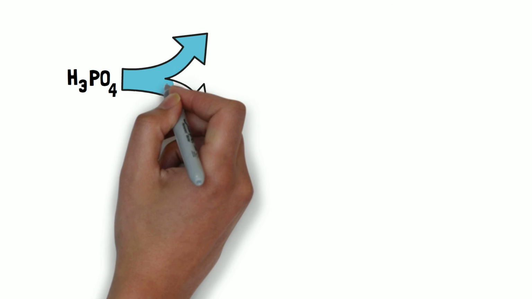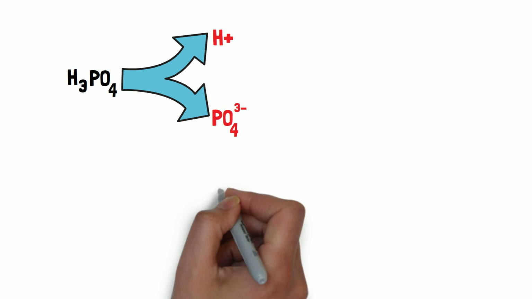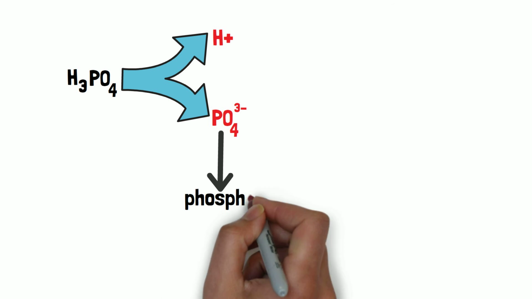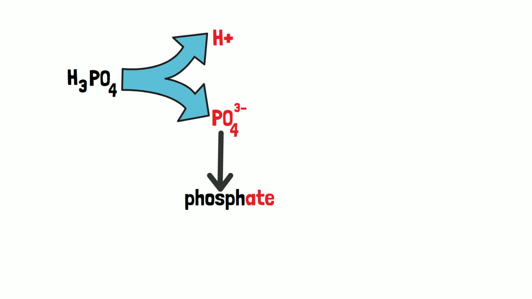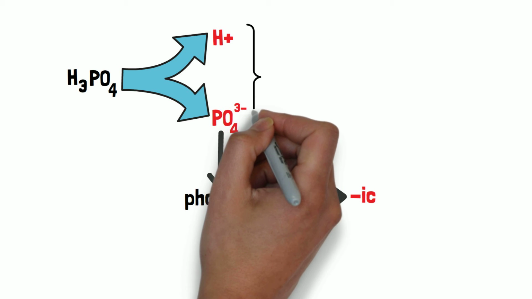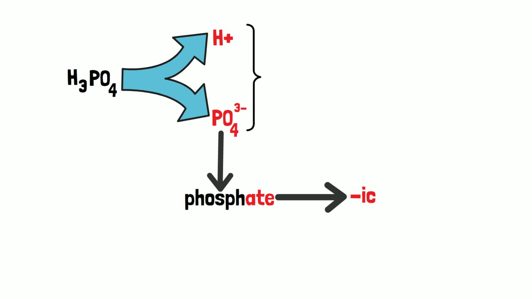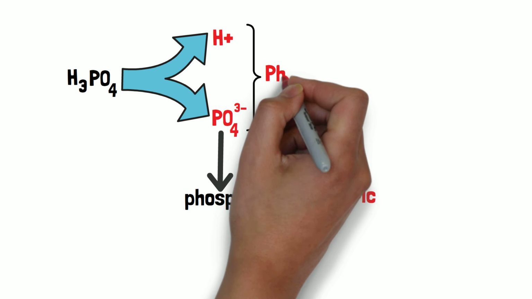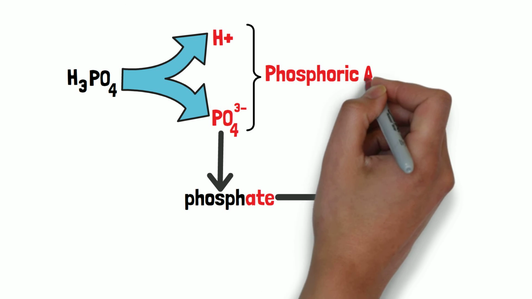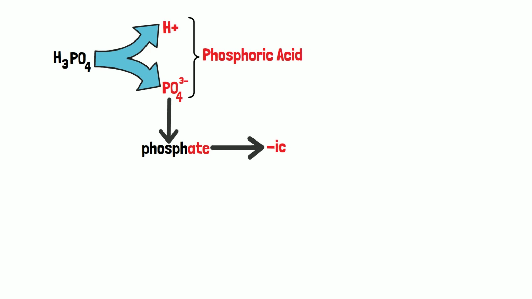PO4 3- is a polyatomic anion that has the name phosphate. Based on the given rule, we change ATE to IC. Thus, the name of the acid H3PO4 is phosphoric acid.